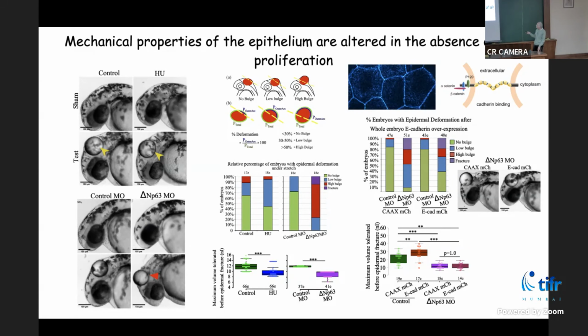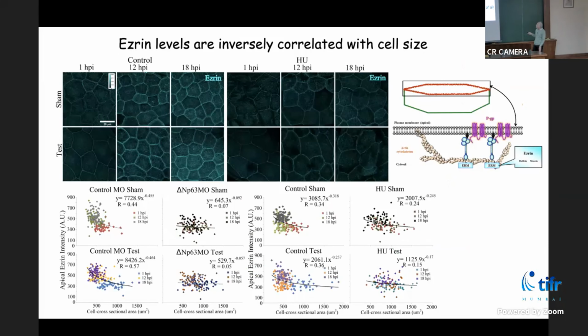Then what is it that is actually linked with the cell size is the question that we asked. And we looked at a protein which is called ezrin. So what ezrin does is that it connects the actin cytoskeleton that we have been discussing to the apical membrane. So we looked at this protein, what is the status of this protein?